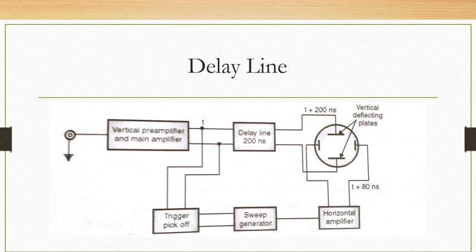You have to understand that, because the oscilloscope has a number of circuits, and these circuits are constructed with the help of different types of components, and different components have different delays. So all the electronic circuits used in the oscilloscope take a certain time for their required operation.